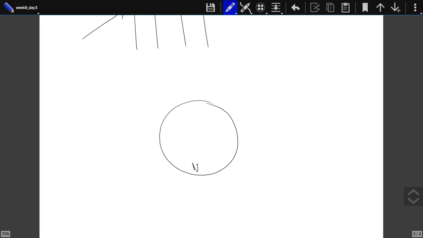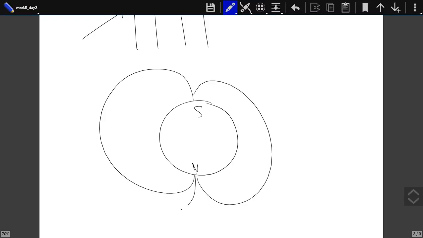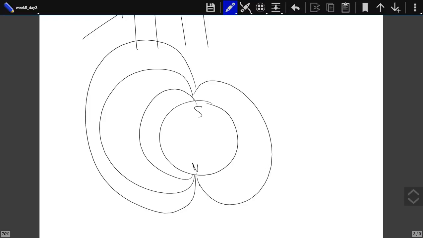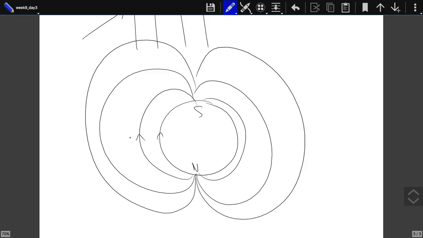The magnetic north pole is close to the geographic south pole, let's say, because the south pole of any magnet we put is attracted by it. The north pole attracts the south pole. So these are the magnetic field lines, more or less. Yep, so this is Earth.